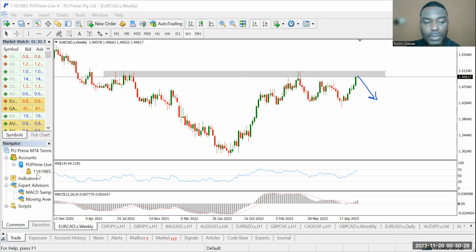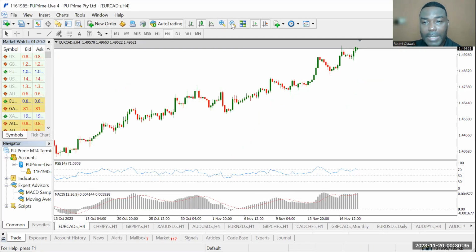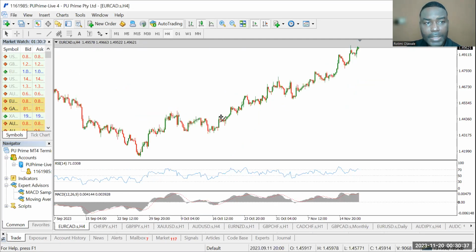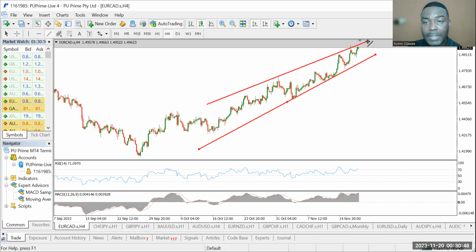So with that, I'll go down to a lower time frame and try to look at our entry. Now, this is the 4-hour time frame, and this is what I can see. I can clearly draw a trend line up here, and another one right at the back, and that clearly gives me a rising wedge.